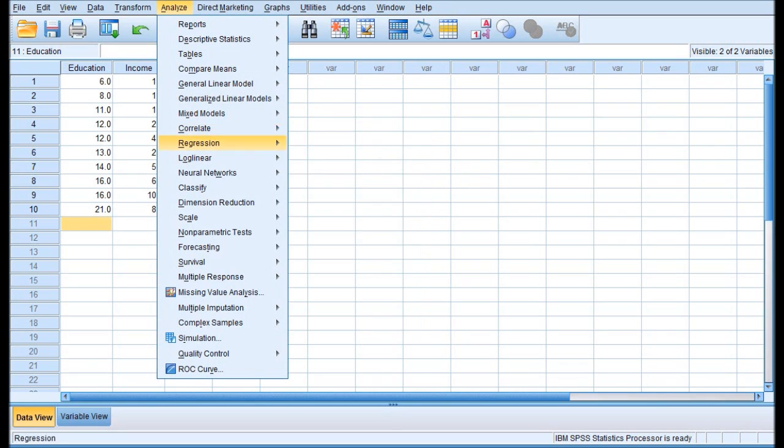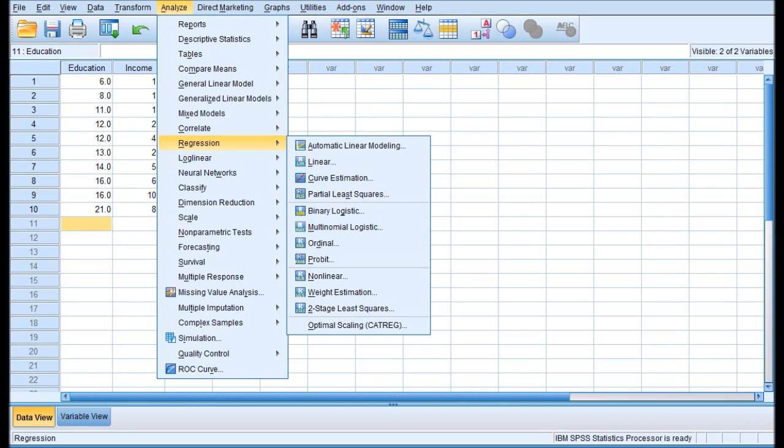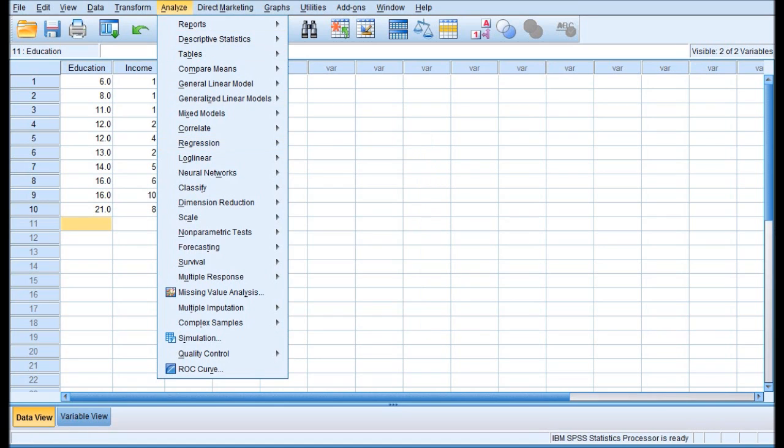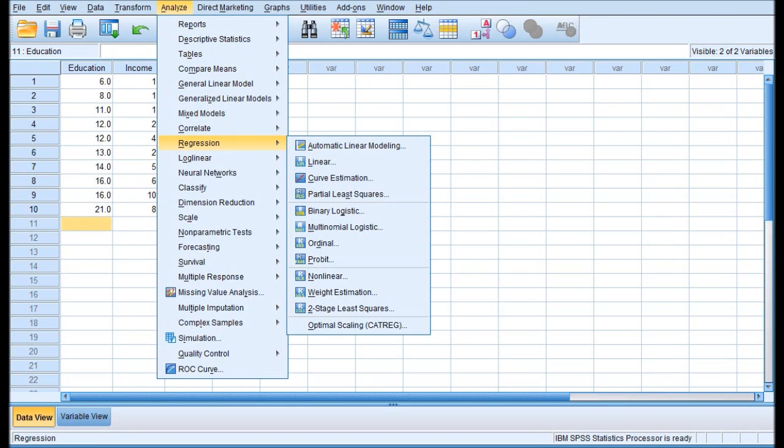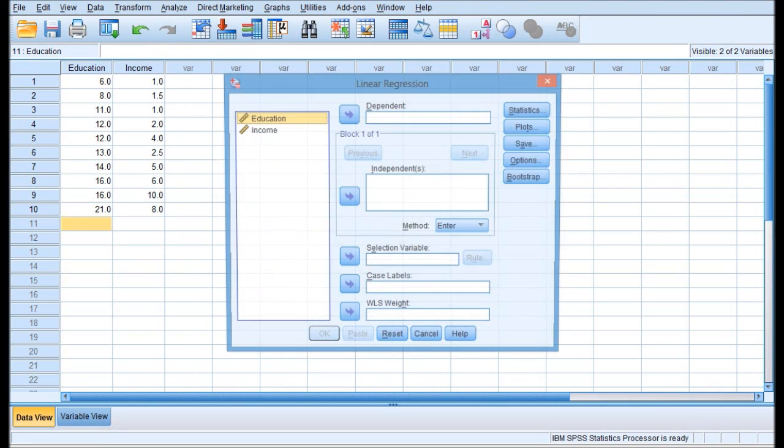Select Regression here, and we are doing linear regression, right? So just select and click this linear option here. Again, analyze, regression, and linear. Click the linear option.